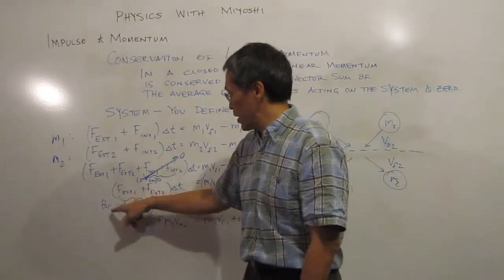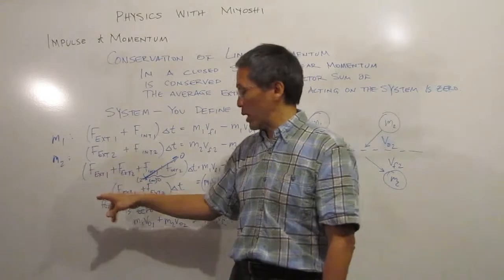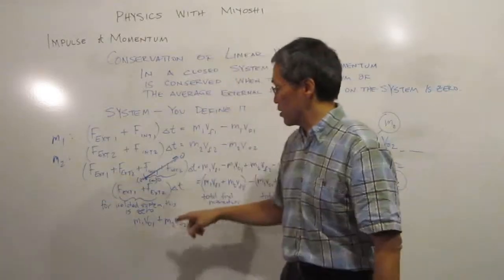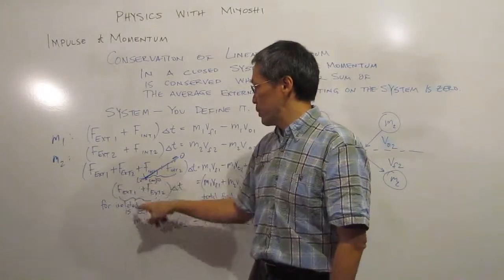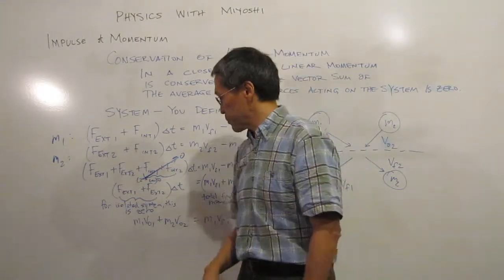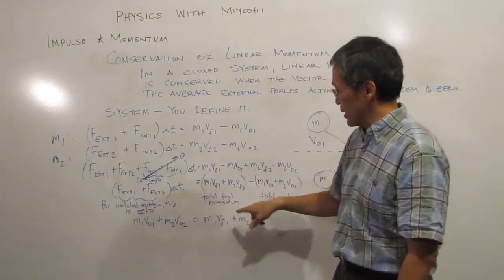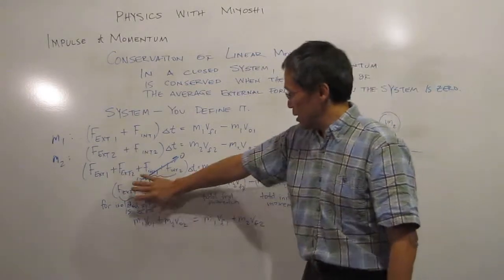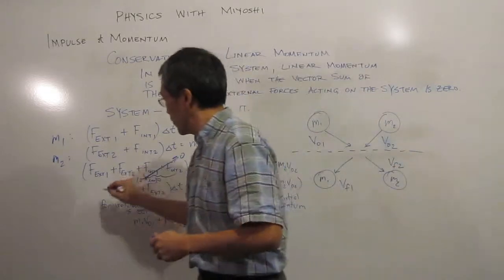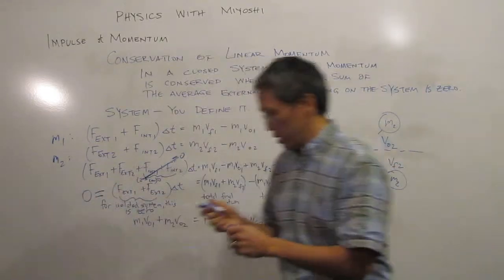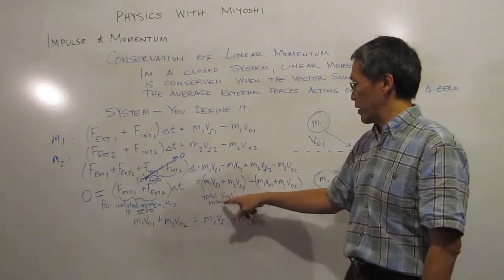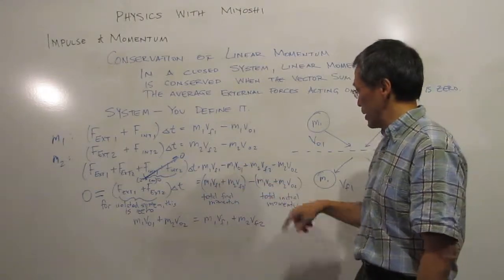If we isolate this system well enough, if we define our system well enough, then our total external forces should be zero as well. When we do that, this term becomes zero. Then we can rearrange: zero equals the total final momentum minus the total initial momentum.